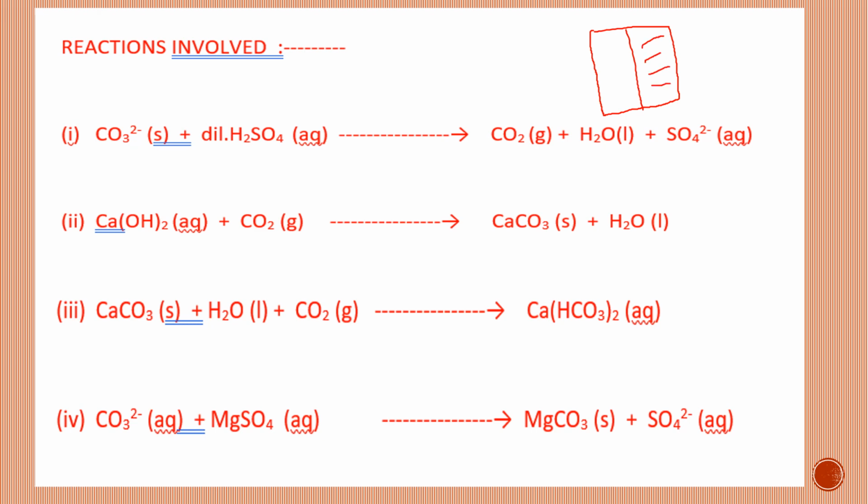Now suppose you are writing the test for carbonate, the preliminary test, when I am adding dilute sulfuric acid to it. So this is the equation for that particular test. You must write this equation in front of the test in the table, with pencil, just opposite to the test.